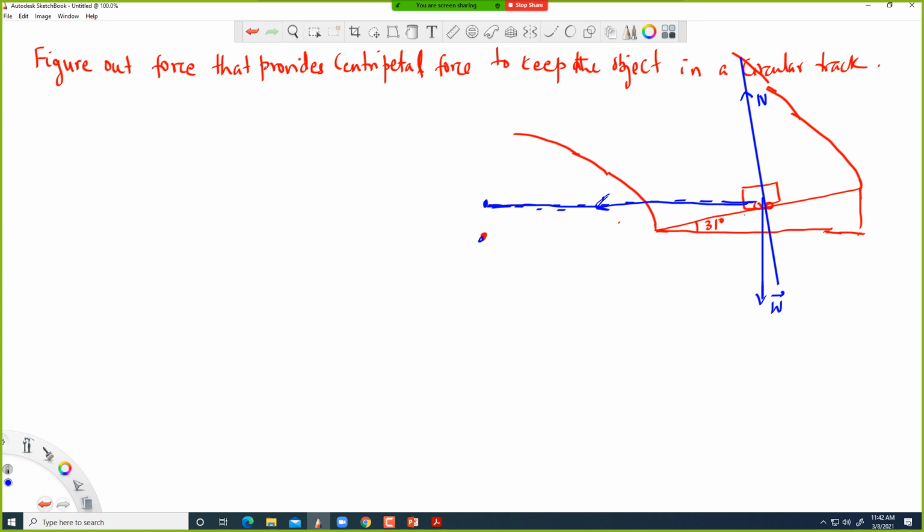We showed last time that if this is 31 degrees, then this will also be 31 degrees. So let's draw x and y axes on the figure. The x-axis would be along this surface. We talked about that last time. We would just use the surface as our x-axis.